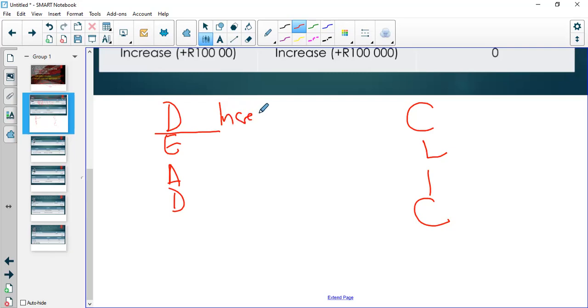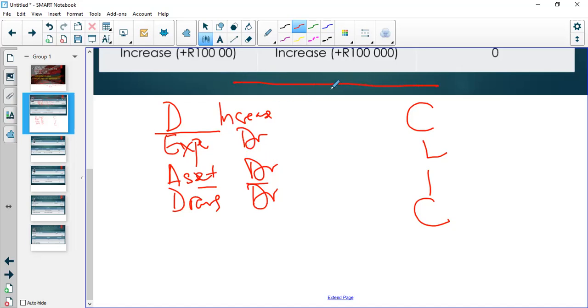If expenses increase, we debit them. If assets increase, we debit them. If drawings increase, we debit the drawings account. So any account that falls under assets, if it increases, we're going to debit it. Because in accounting, we have a general ledger account like this.